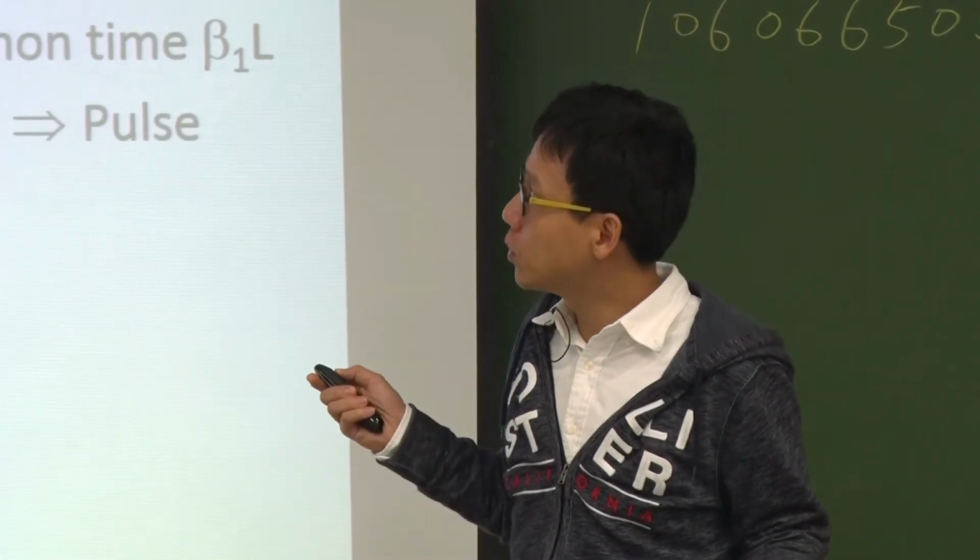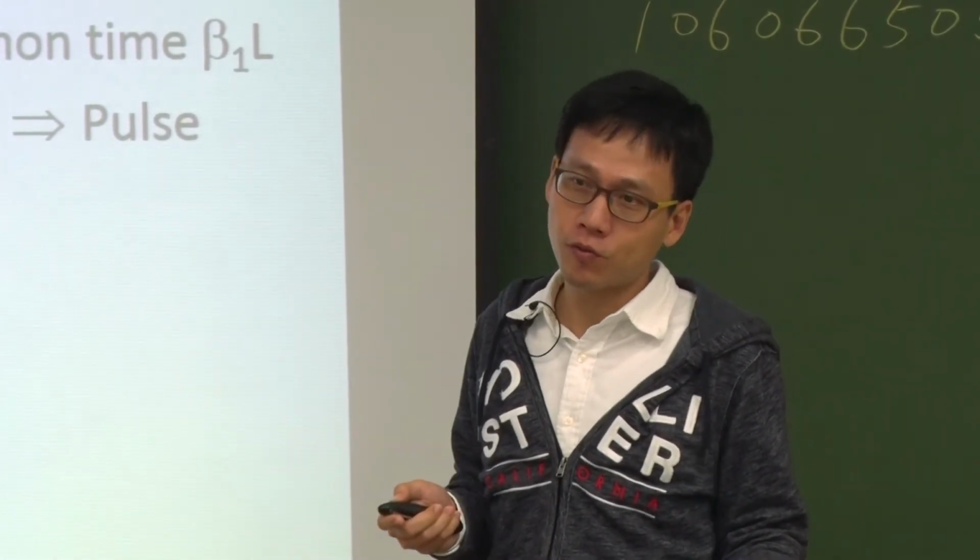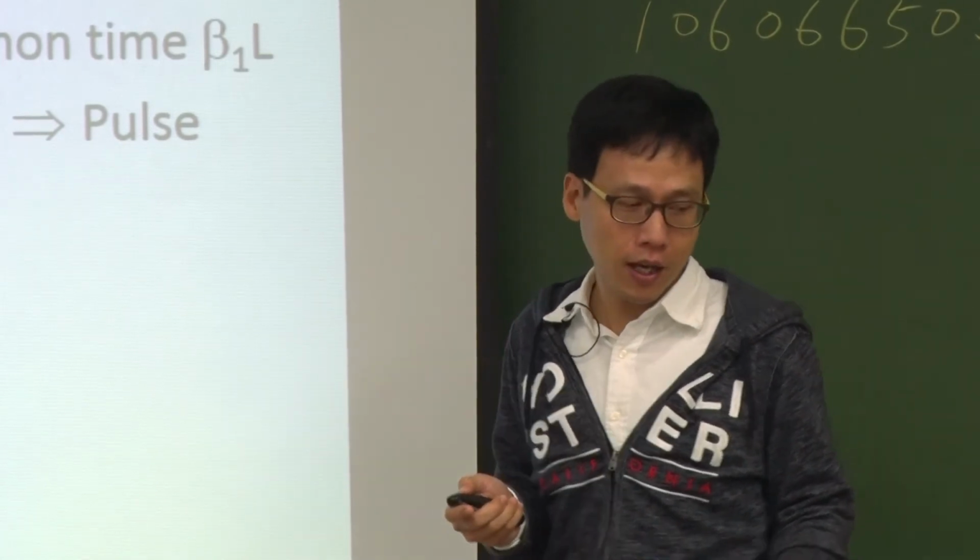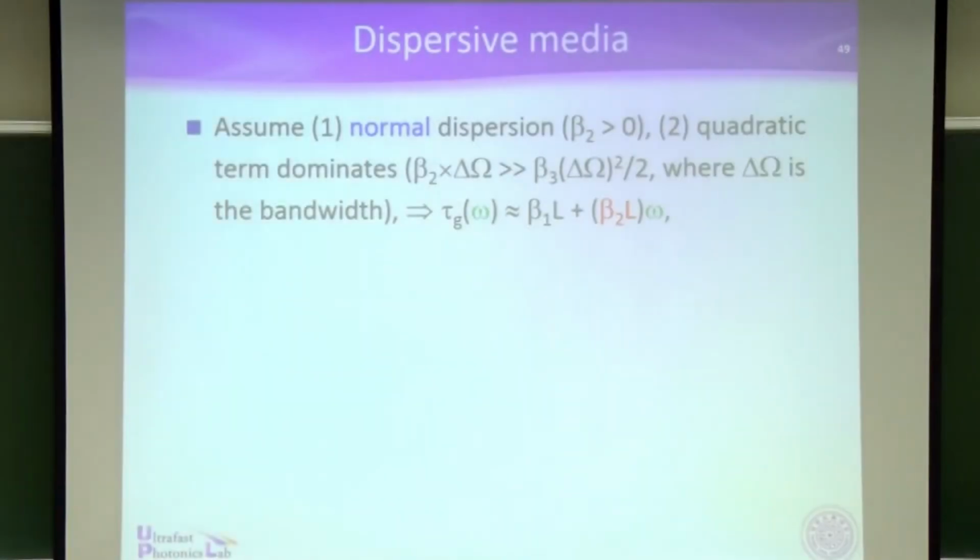But if your material is not dispersion free, it's dispersive, what happens? For simplicity, we assume two things. First, the material is normal dispersion, so beta 2 is not 0 and positive. Okay? Second, quadratic term dominates.